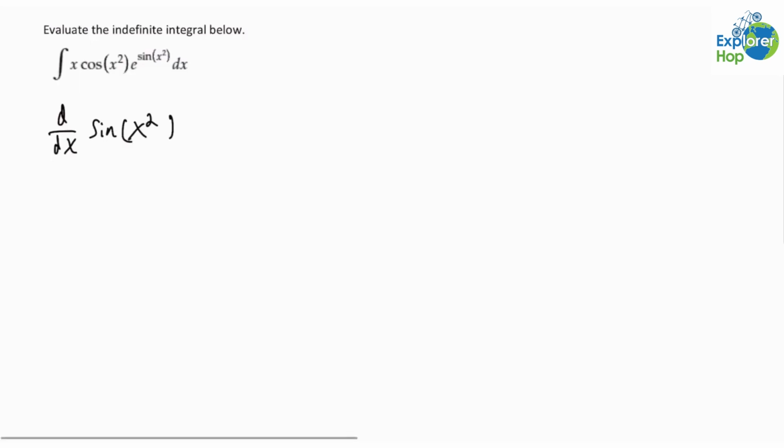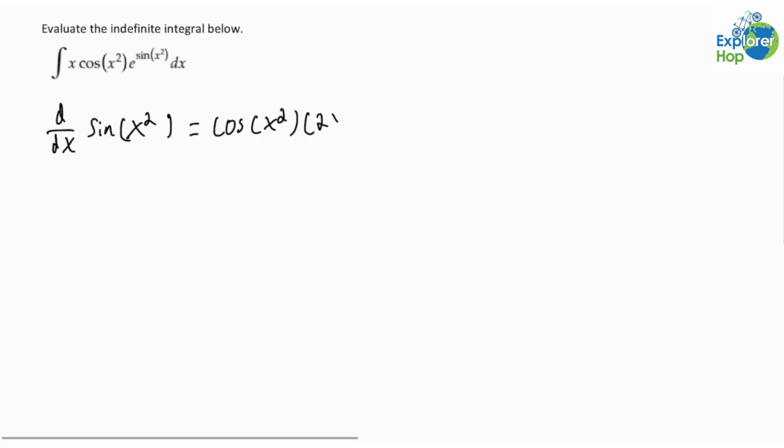First, notice that the derivative of sine of x squared is equal to cosine of x squared times 2x using the chain rule, which is equal to 2x times cosine of x squared.